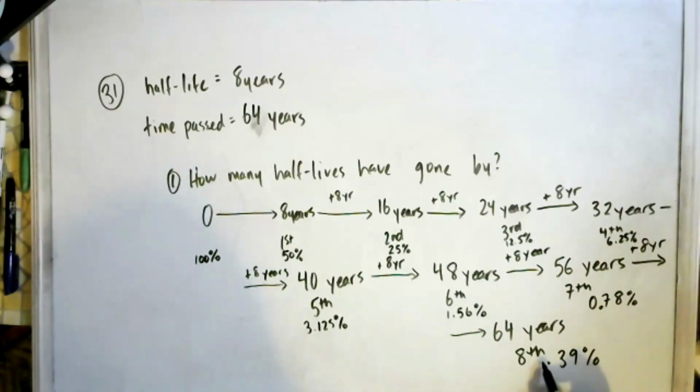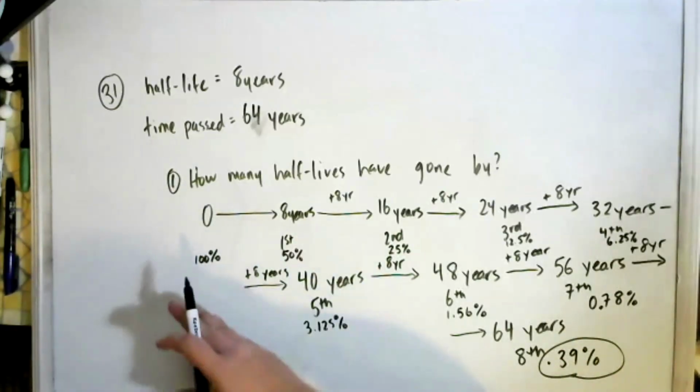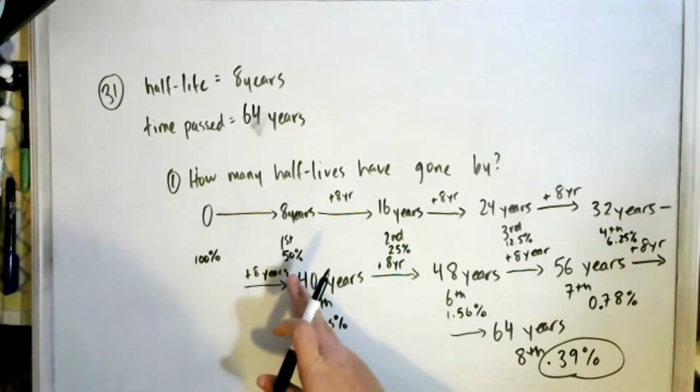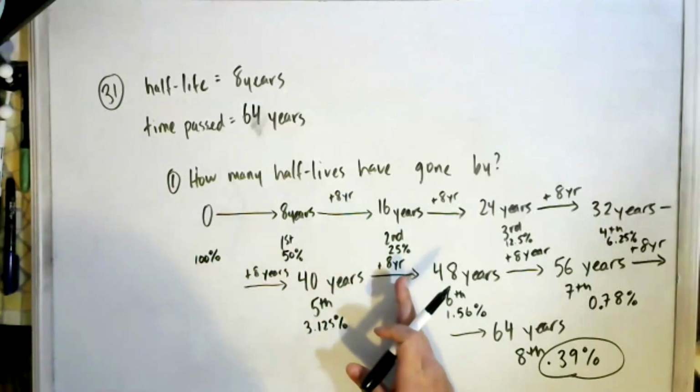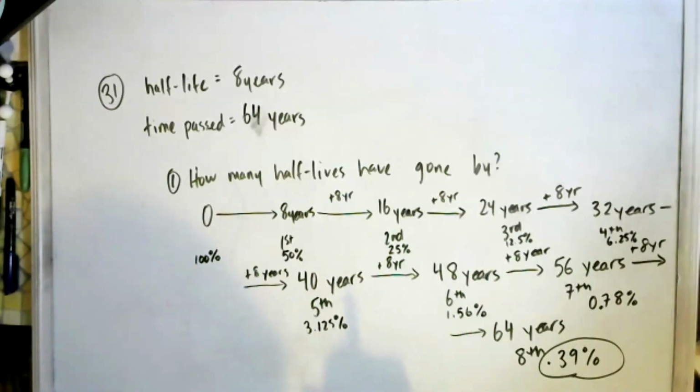All right, so after the 8th half-life goes by, this is how much of our original sample that we would have left. You start out with 100%, and at every half-life, we're going to lose 50% of whatever we have left. Okay, so by our 8th half-life, we end up with 0.39% of our original material.